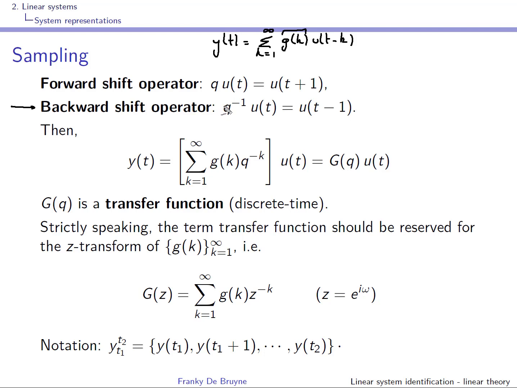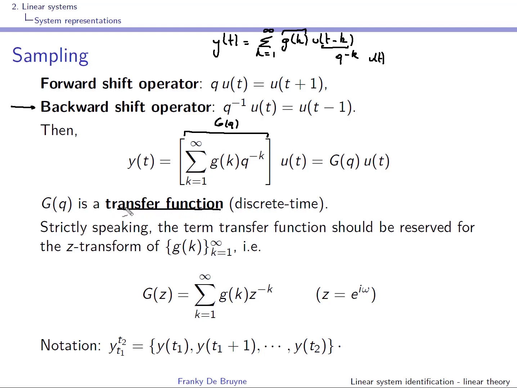so it's shifting to the right by 1 sample instant. So this one you can then rewrite q^-k u(t), and if you plug that in, this is what you obtain, and this is what we'll call g(q), and we'll call it a transfer function.